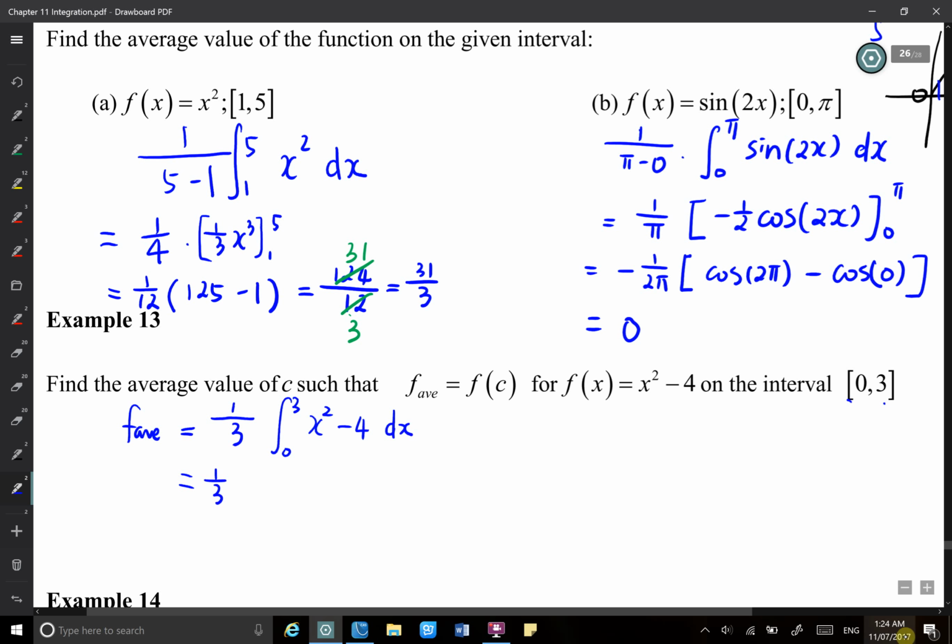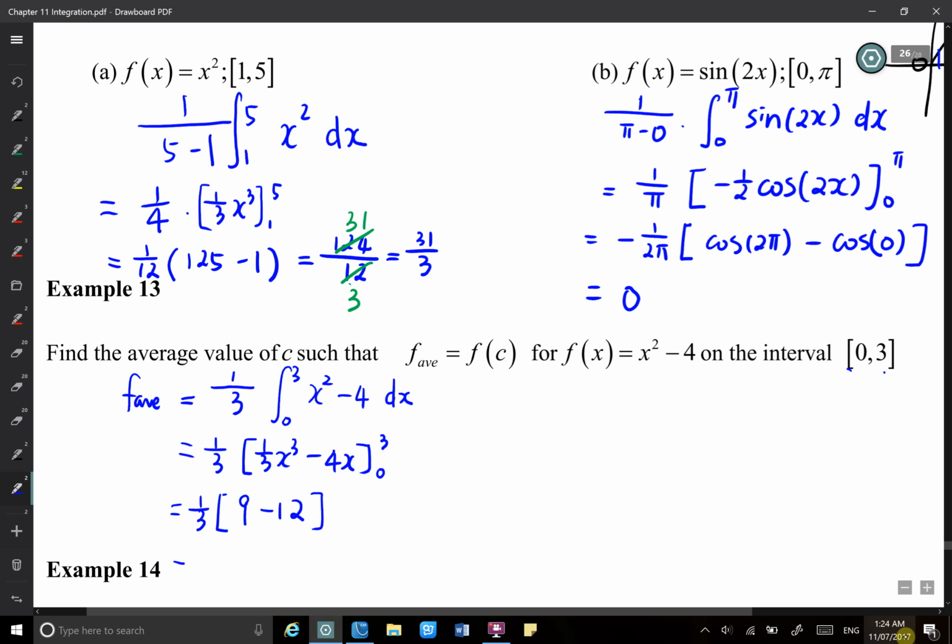That is a third x cubed minus 4x, from 0 to 3. So that's a third, and when you sub 3 in, that's 9 minus 12. When you sub 0, that's 0. So basically that's minus 1.